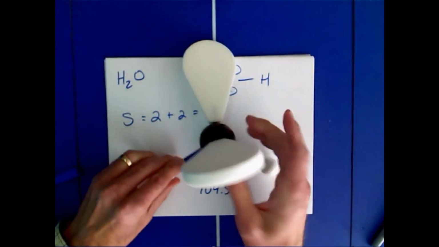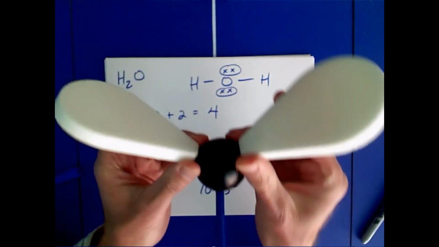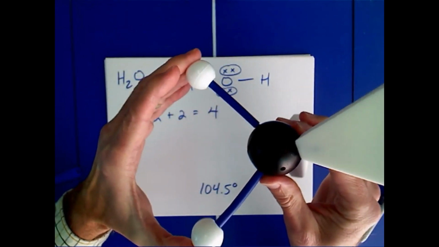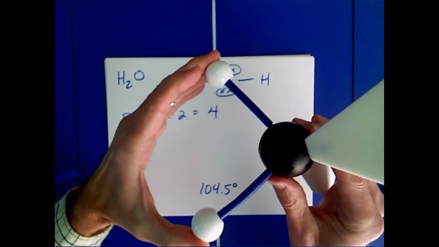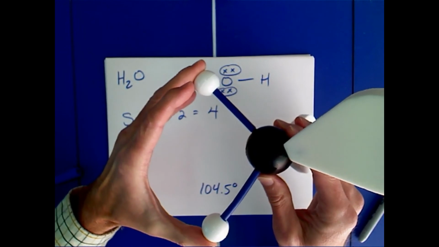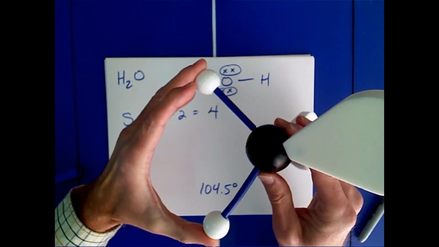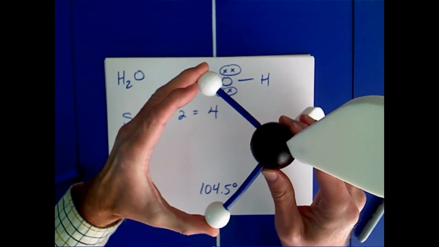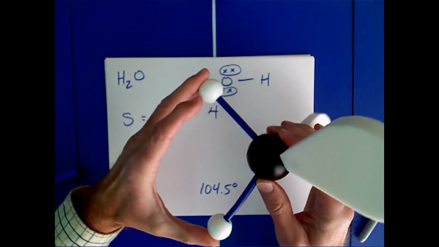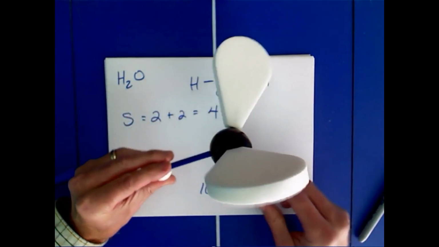So because there's 2 lone pairs exerting electronic pressure on the bond pairs, we get even more distortion of the bond angle, down from 109.5 as the tetrahedral angle, 107 in nitrogen, and all the way down to 105 in water.